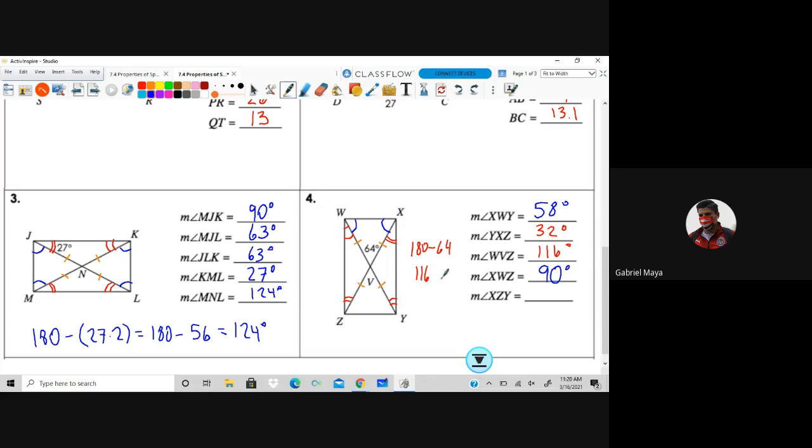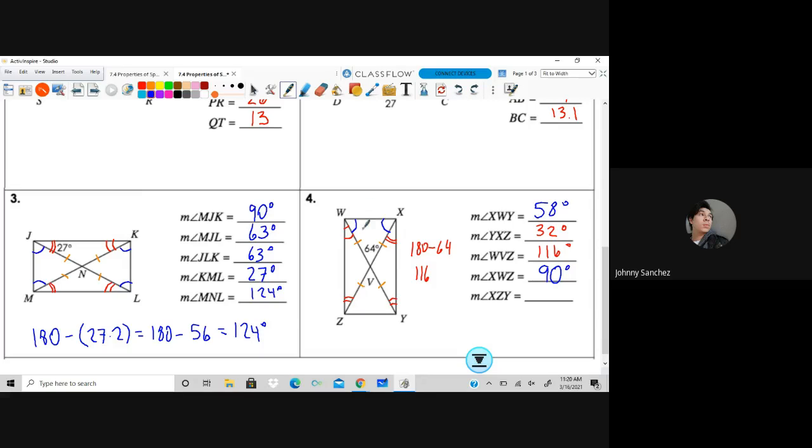Oh, I pointed to the XZY. No, XZY is this one right here. Yeah, I pointed to this one. It's not that one. It's this one right here. Someone remember what that one measures?